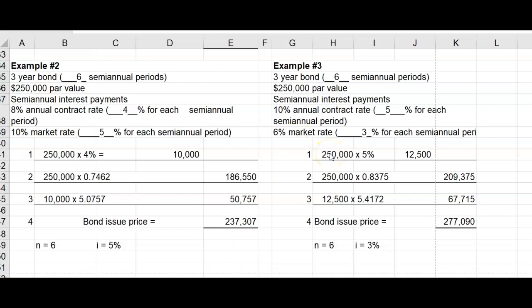Step 1, calculate the semi-annual bond interest payment by taking the par value times 1/2 of the contract rate of interest equals $12,500. Step 2, calculate the present value of the bond's par value. Par value of the bond is $250,000 times a factor on table B1, present value of 1, where N equals 6 and I equals 3.